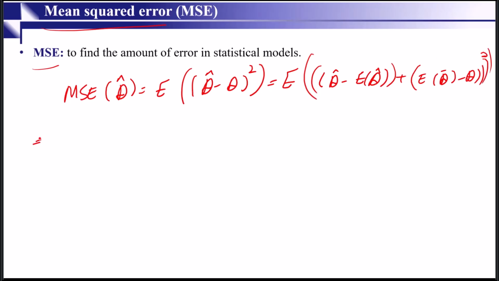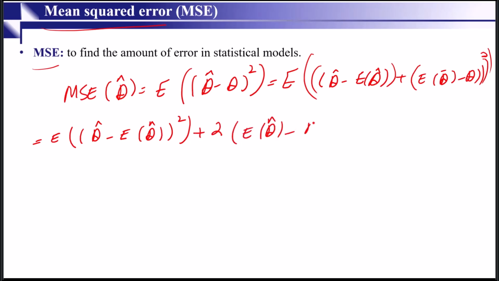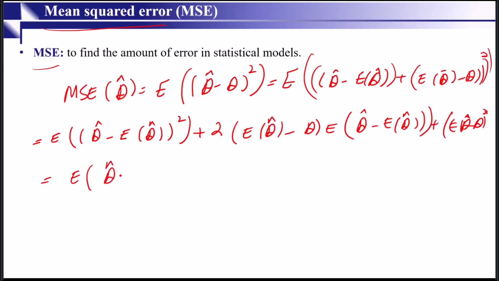This one we can rewrite as expectation of theta hat minus expectation of theta hat square plus 2 times E of theta hat minus theta into expectation of theta hat minus expectation of theta hat, plus expectation of theta hat minus theta square. And this one we can rewrite as expectation of theta hat minus expectation of theta hat square plus expectation of theta hat minus theta square.